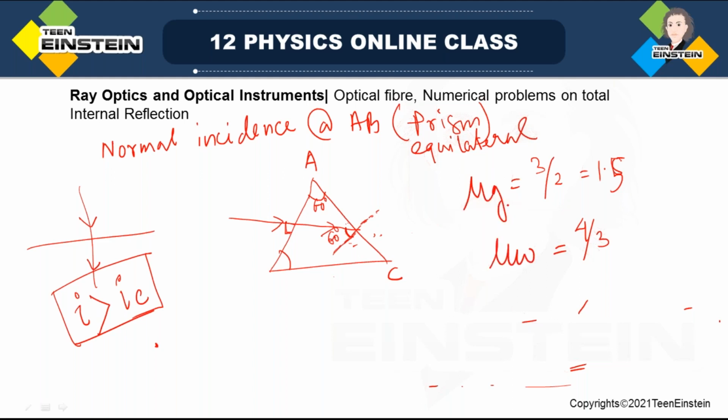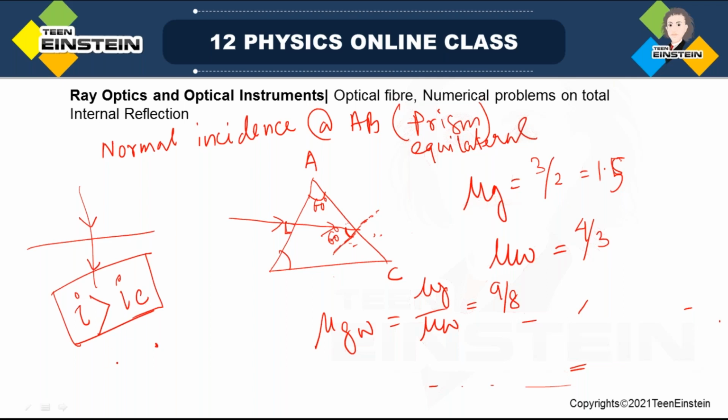In this case the interface was between glass and water. So you have to find out the refractive index of this prism with respect to water. That's why we have found this mu g by mu w. So it was found to be this.